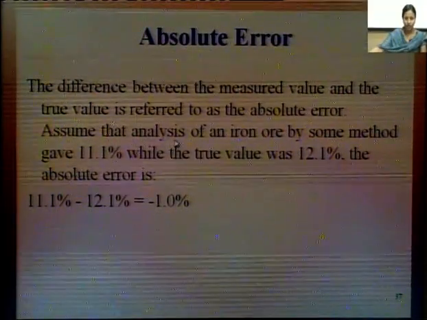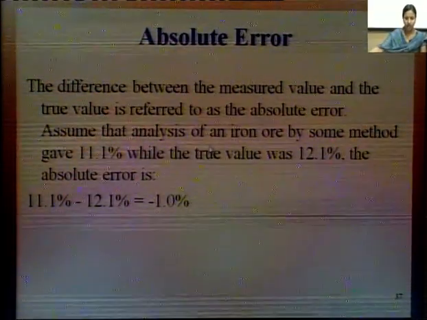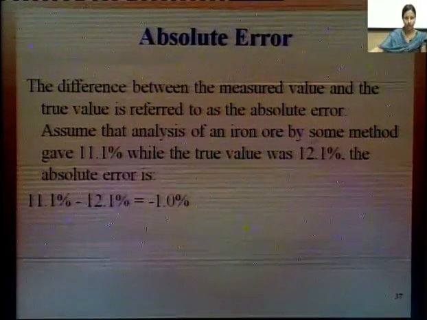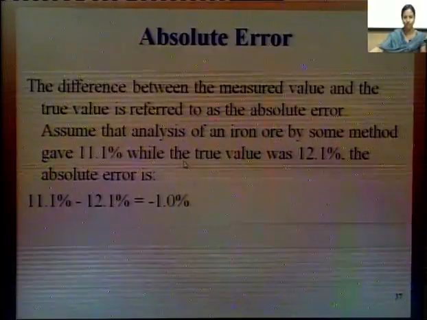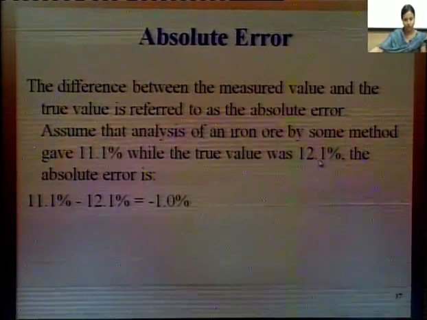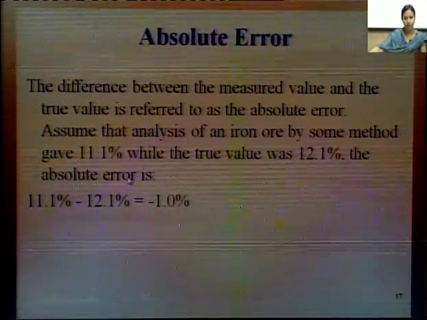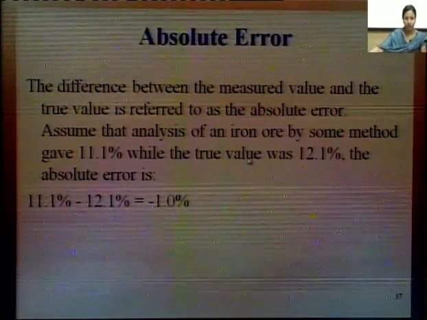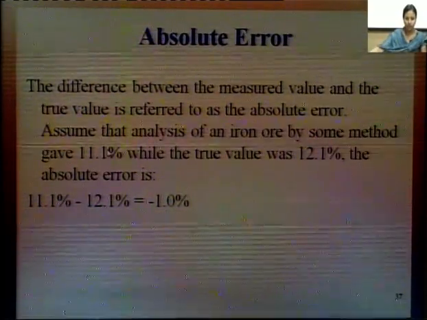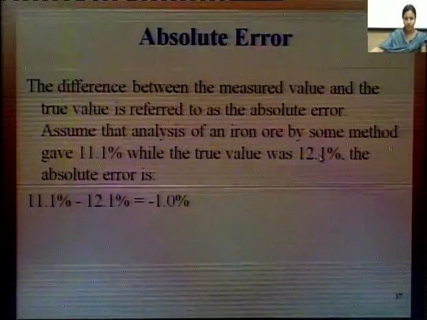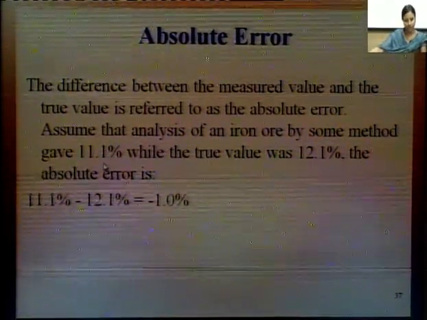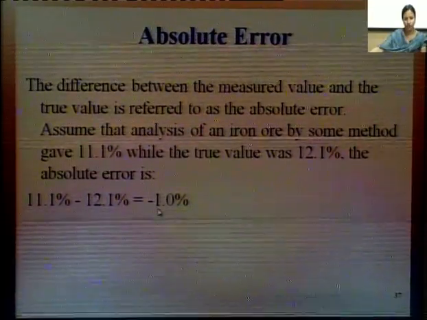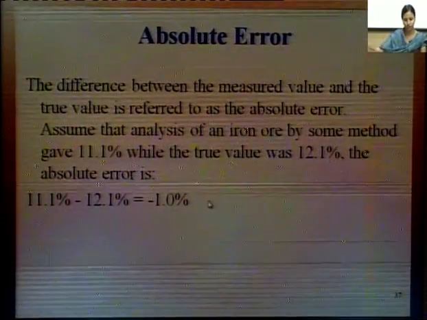Assume that the analysis of an iron ore by some method gave 11.1%, while its true value is 12.1%. So, the absolute error is true value minus approximate value, which is minus 1.0%.